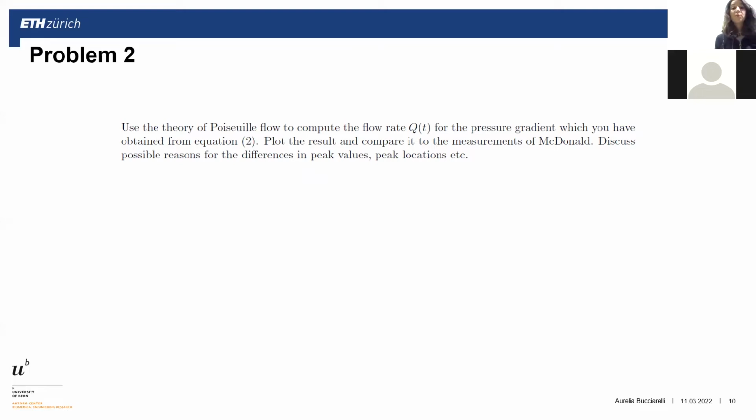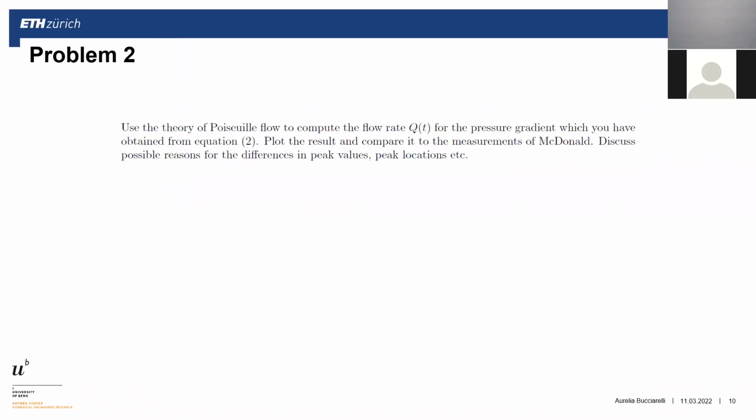And then what we want you to do is compare it to the external measurement. There is another function that you have, called Q, and that's the same. Take the points of the flow rate that you calculated, put them in this other function, plot both together, and then you can see, is there a difference?